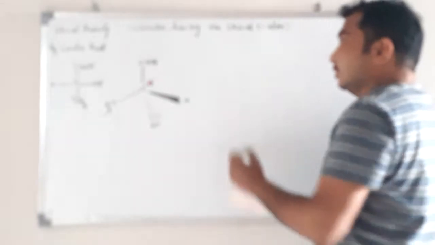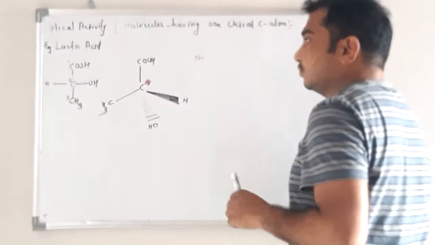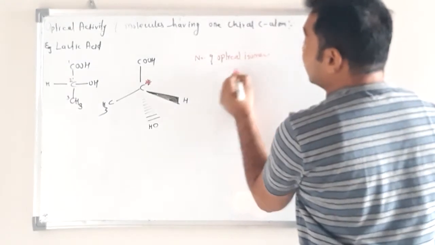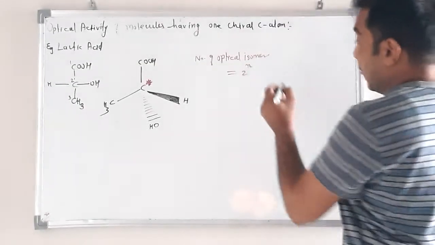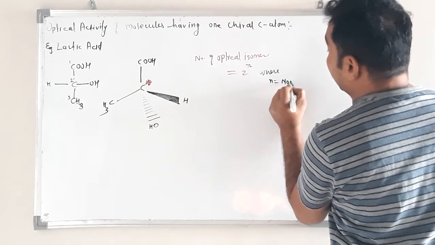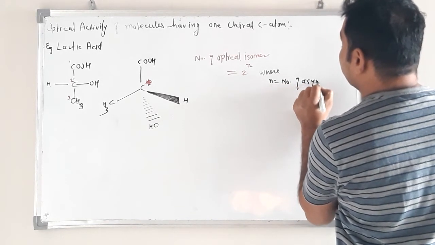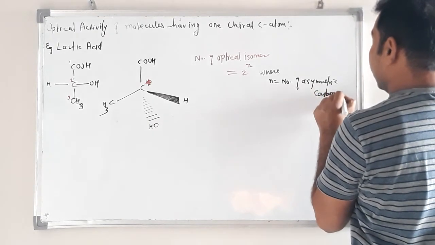Now there is one formula or rule: the number of optical isomers is calculated by 2 raised to n, where n is the number of asymmetric carbon atoms.